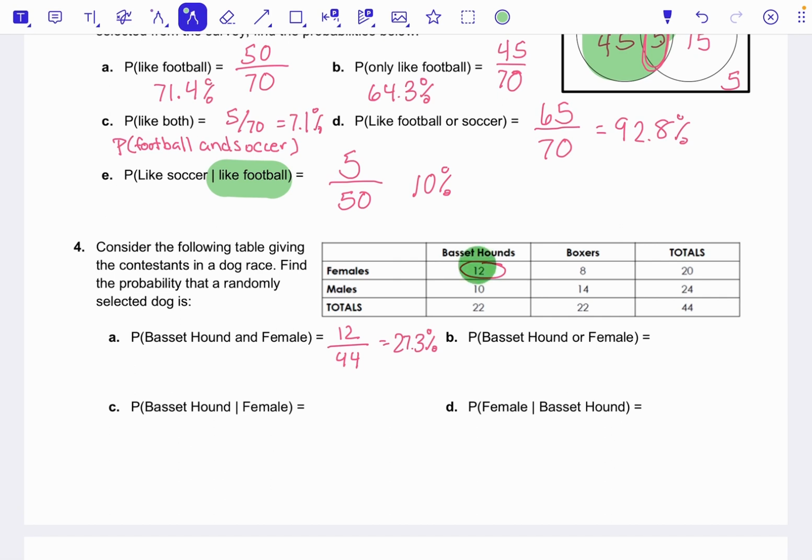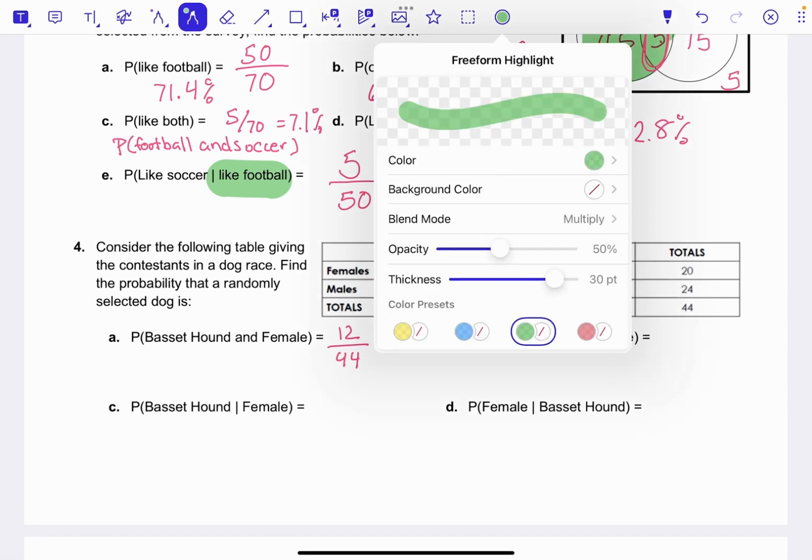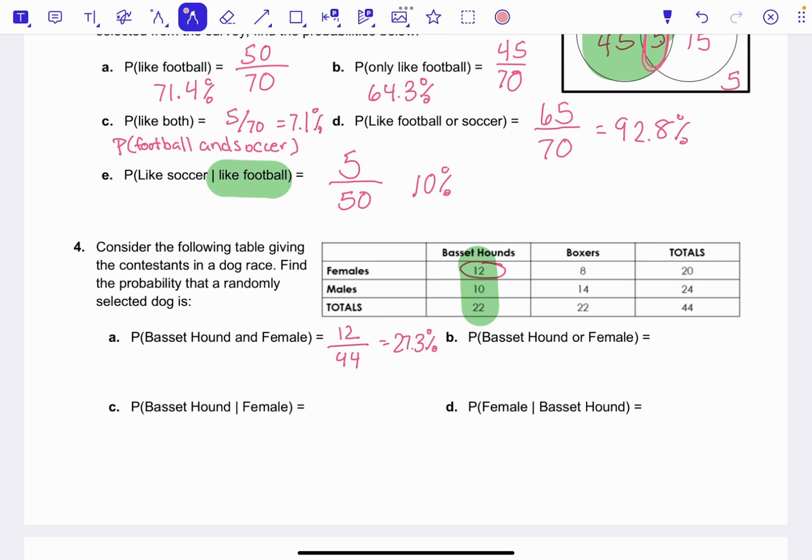versus basset hound or female. In those cases, we're focused on sort of both either-or situations. Now you want to be careful here. There's two different ways to approach this. One, you could just add the three numbers, so the 10 plus 12 plus 8, all over the 44.